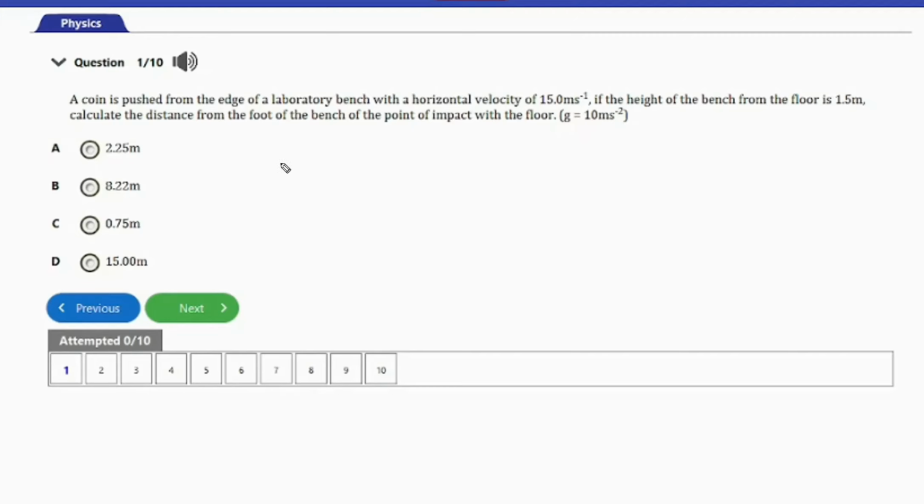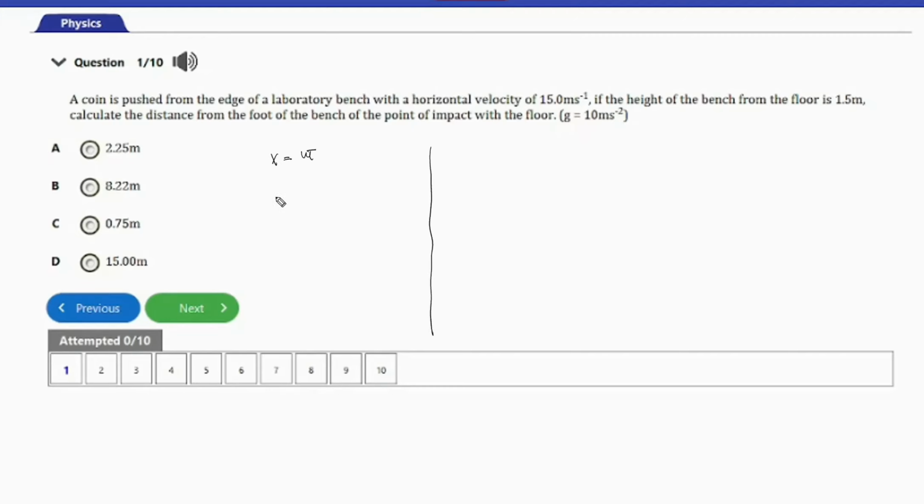Alright, so guys, if we want to calculate the distance from the foot of the bench to the point of impact on the floor, we have to calculate this as a range. So, assuming we are using this as the range, x is equal to ut, we have to find the time first of all before we can solve using ut.